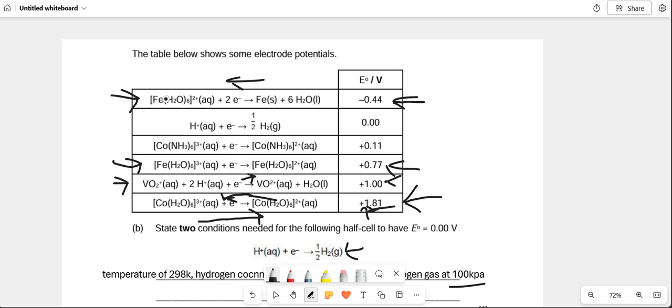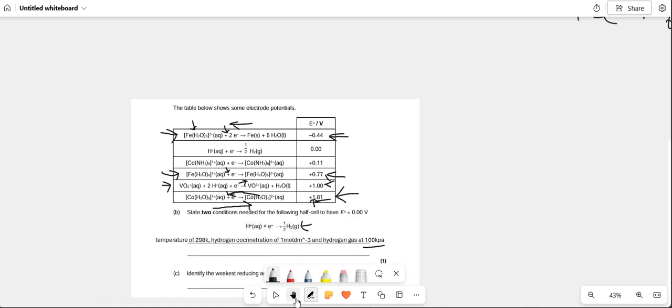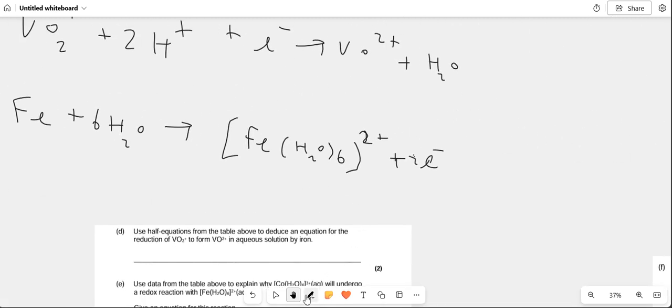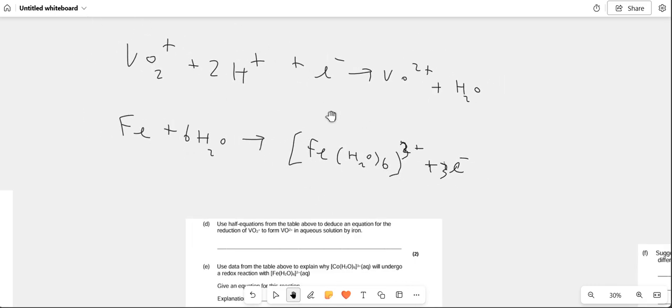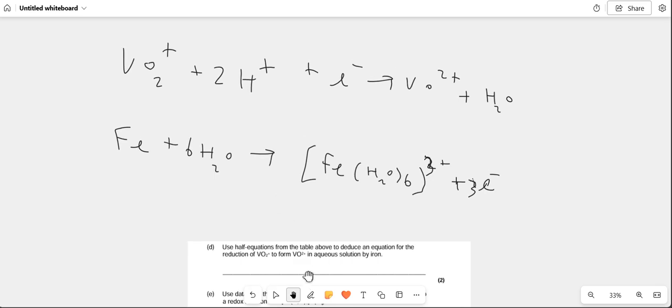So you need to account for that too. Because we had 2 electrons given off here and 1 electron here, it's 3 electrons in total, and the final product is 3+. So just tweak this equation to 3 instead of 2. That's your two half equations. Now you just need to combine them.